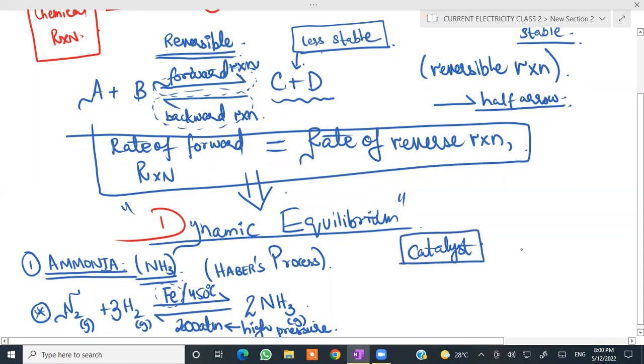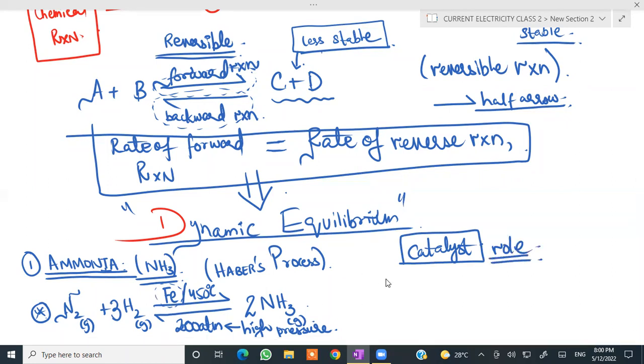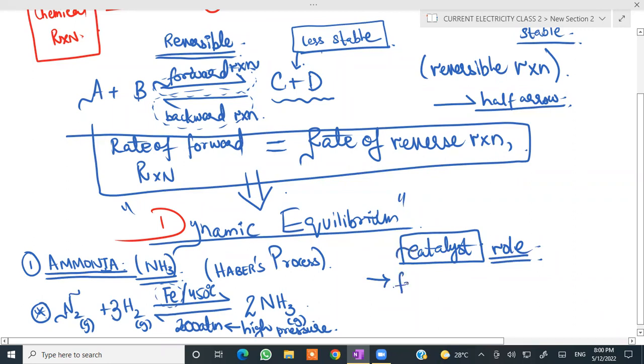The catalyst does not favor any of the two reactions indiscriminately. Rather, it favors both the reactions equally. It favors both the forward and the backward reactions. You guys know that catalysts actually speed up the rate of the reaction, right? So it favors both the forward and backward reactions.